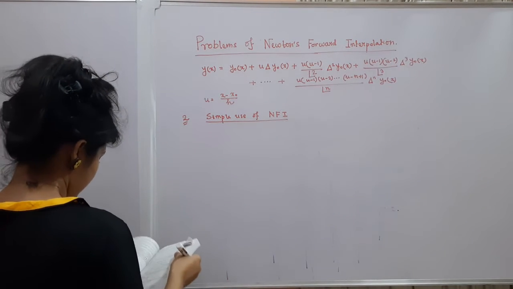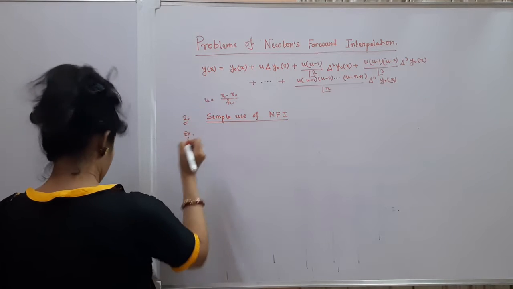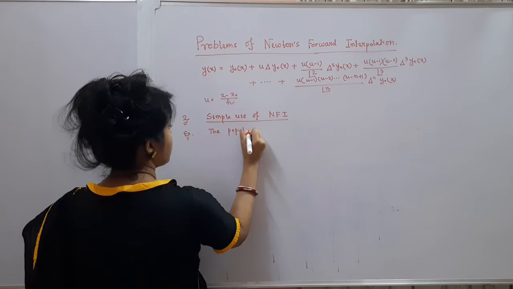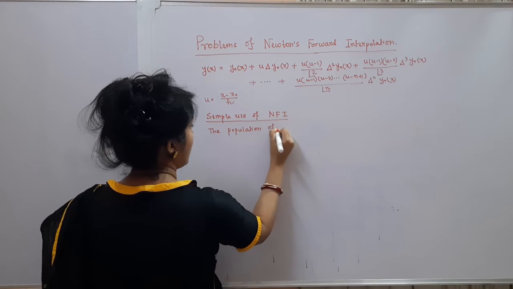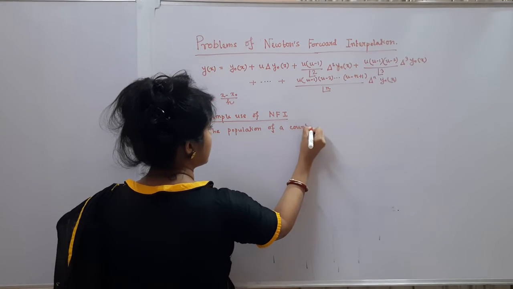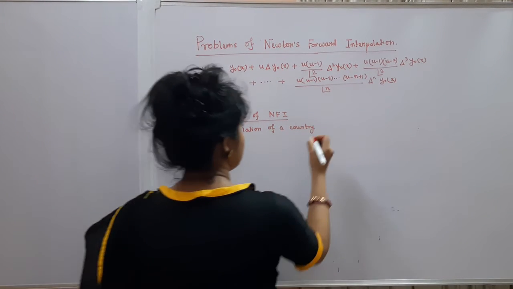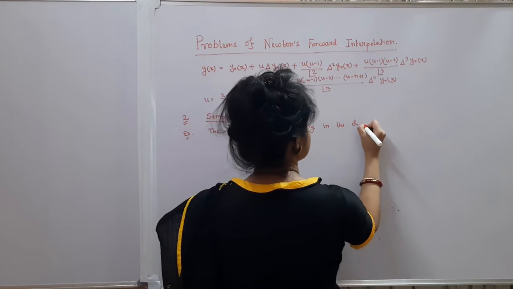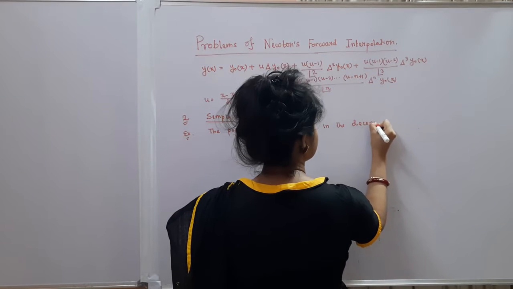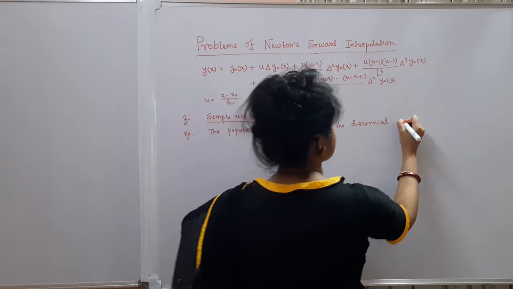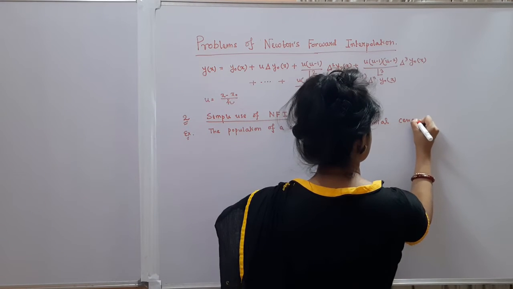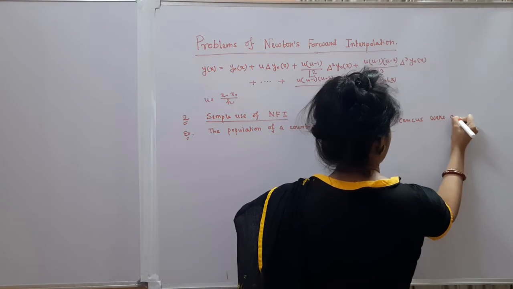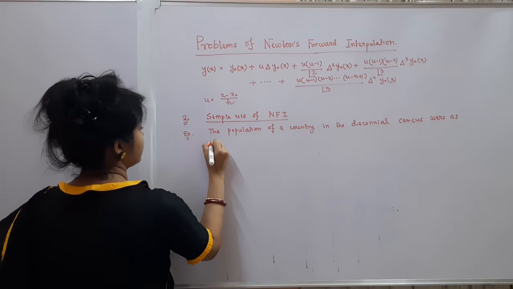Okay. Now the exercise is, the population of a country in the decennial census were as under.